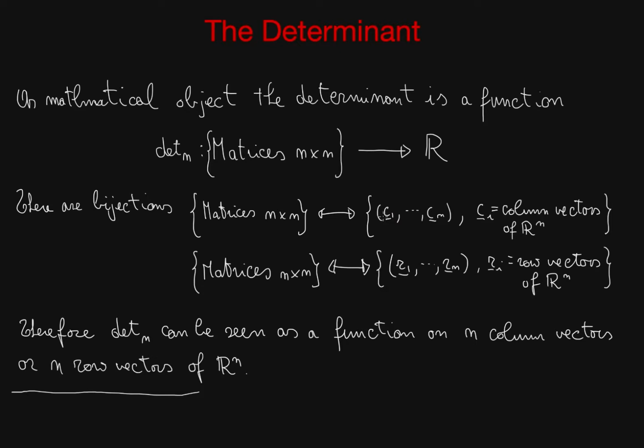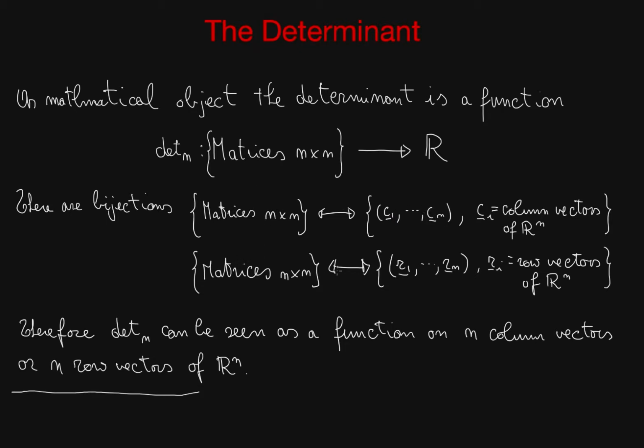So we can associate C1 as the first column, C2 the second column, and so on, Cn the nth column. So we have n column vectors which are associated to the matrix we are starting from.